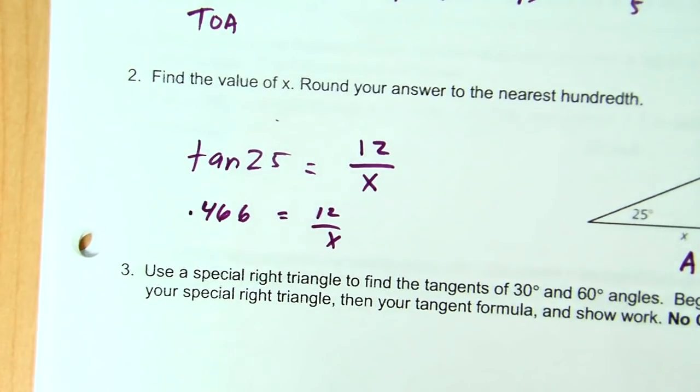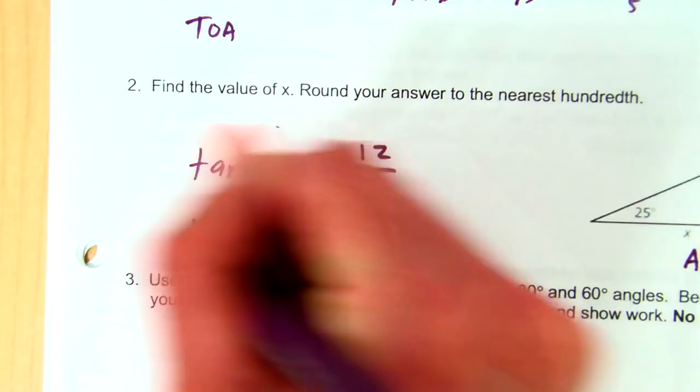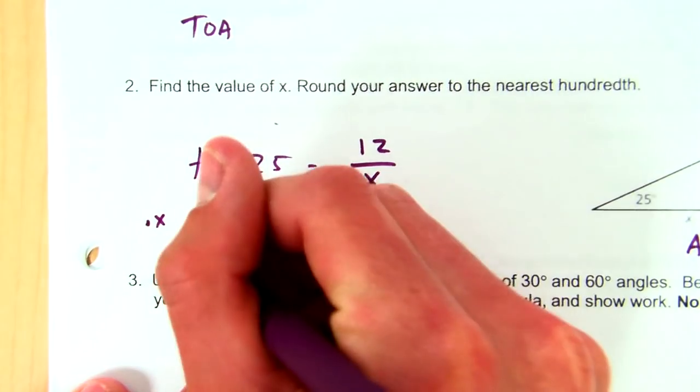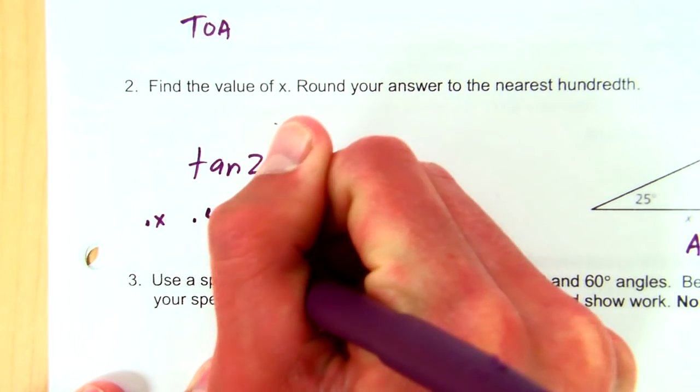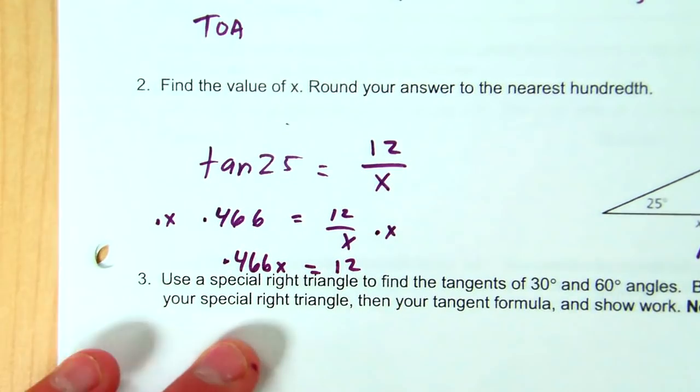Now, to get rid of a divide by x, you can multiply by x on each side. So what you have now is 0.466x equal to 12.